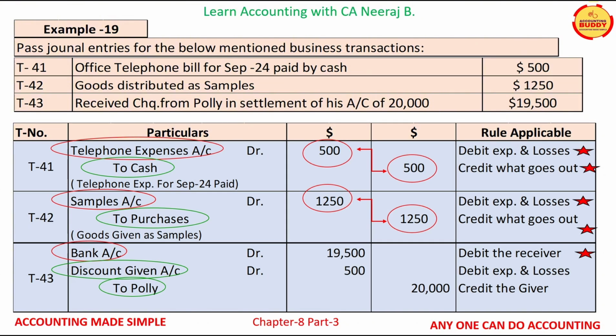Discount given, being the business expense, is debited as per nominal account rule of debit all expenses and losses. Polly's account is a personal account, and personal account rule is credit the giver. Therefore, this transaction is recorded for $20,000 by debiting bank account by $19,500, discount given account by $500, and crediting Polly's account by $20,000.